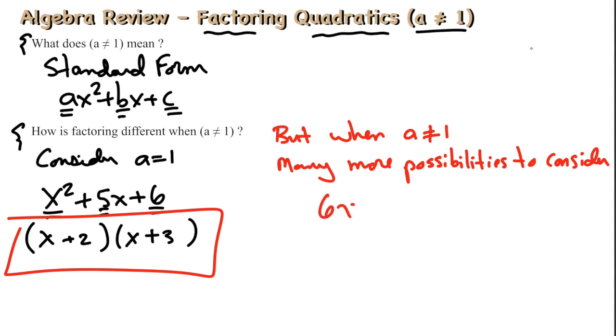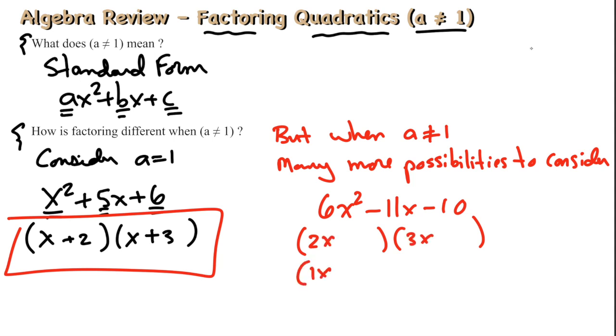So if we consider 6x squared minus 11x minus 10, we say, well, we can't just make our parentheses and say x times x, because it could be 2x times 3x, or it could be 1x times 6x. And now there are many more combinations we have to consider. And as this a value has more factors, the possibilities increase. The number of combinations increases, and there are too many different ways it can go.